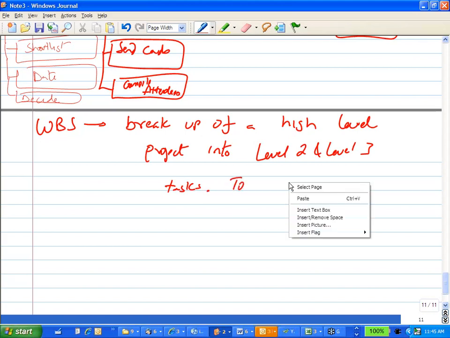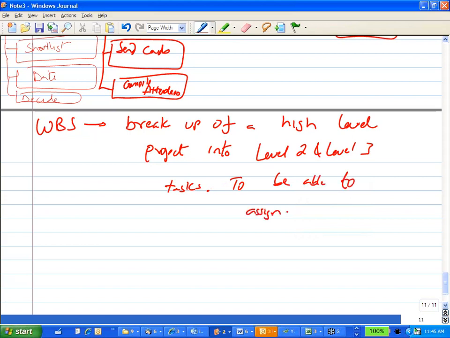To be able to assign level 3 tasks to teammates, right? The purpose of WBS is to break up a high-level project into level 2 and level 3 tasks. Why do we do this? To be able to assign level 3 tasks to teammates.